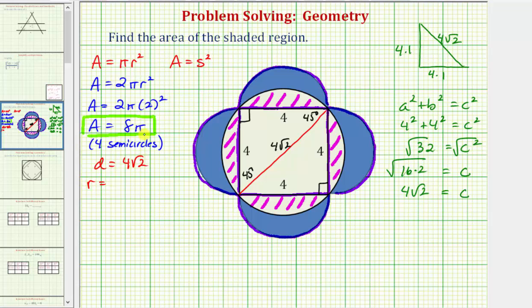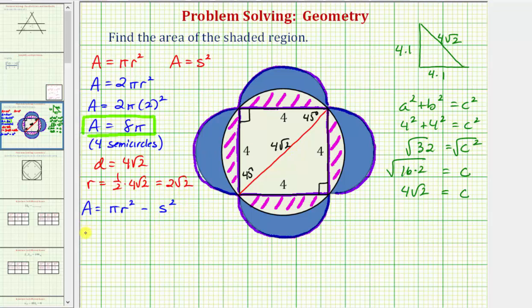The radius is equal to half the diameter, or 1/2 times 4 square root 2, which is equal to 2 square root 2. Now we have all the information we need in order to find the area bounded by the circle and the square. The area bounded by the circle and the square is going to be equal to the area of the circle, which is pi r squared, minus the area of the square, which is s squared.